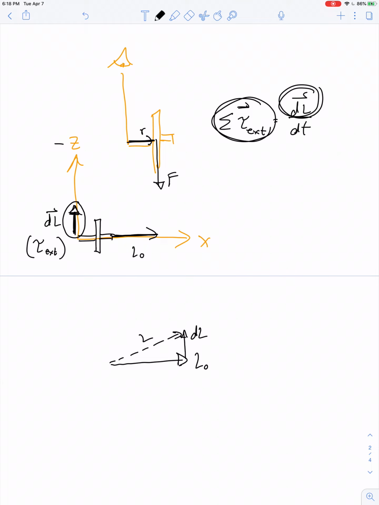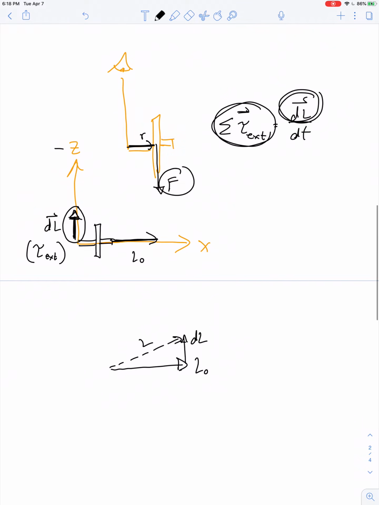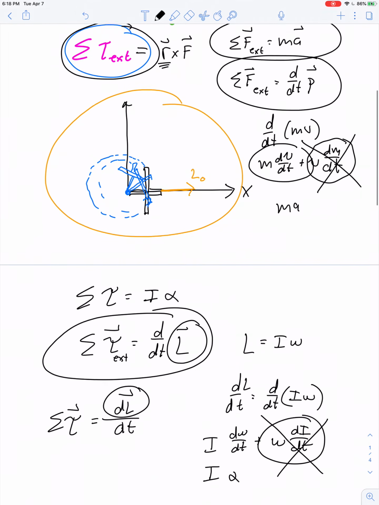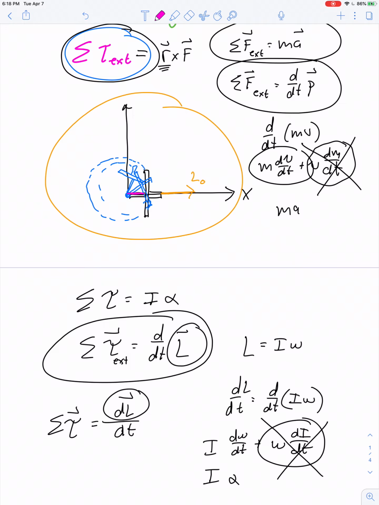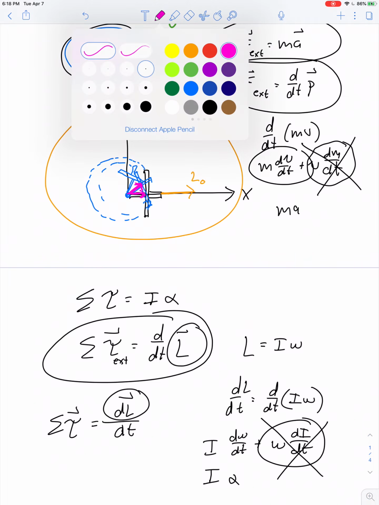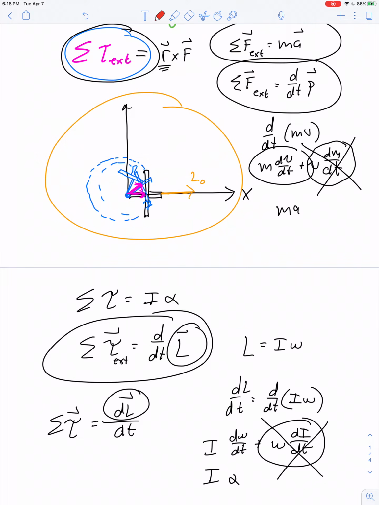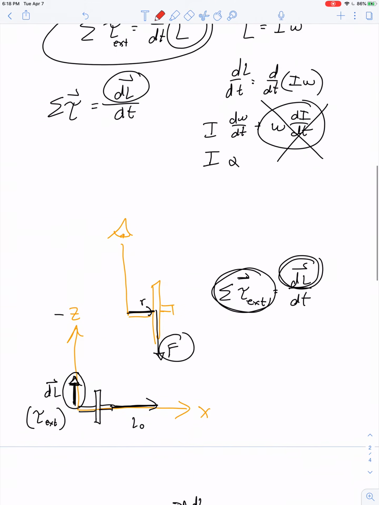And then what happens is that external torque doesn't go away. The force of gravity continues to point downward, but now the lever arm no longer points straight down the x-axis. The lever arm points a little bit into the first quadrant, and so that changes the direction of the external torque. The external torque now points a little bit into the second quadrant.